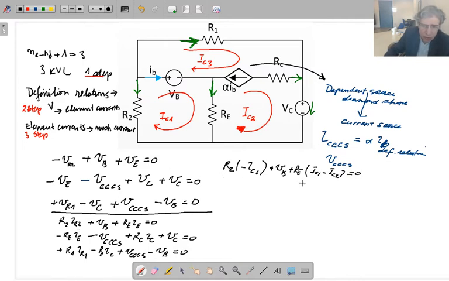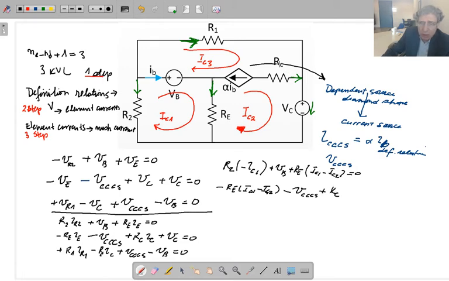And this one, same as this, in front of it is going to be minus, so minus RE IC1 minus IC2. We cannot change this, so we're going to keep it as it is, minus CCCS plus RC.